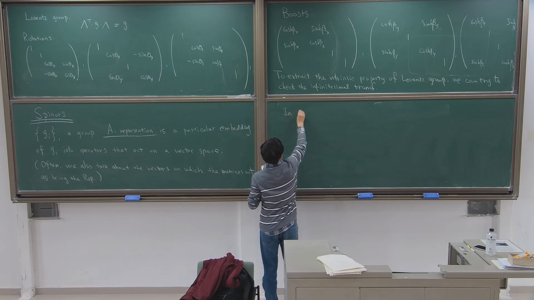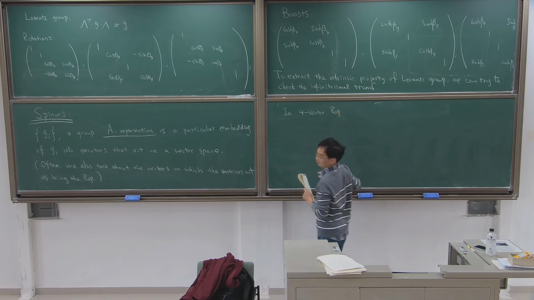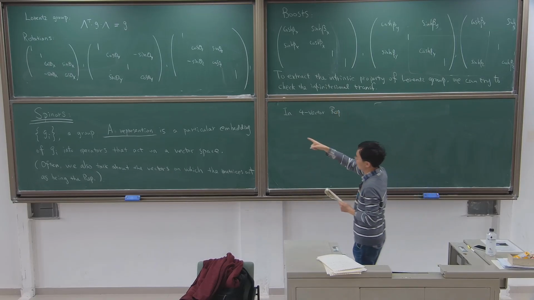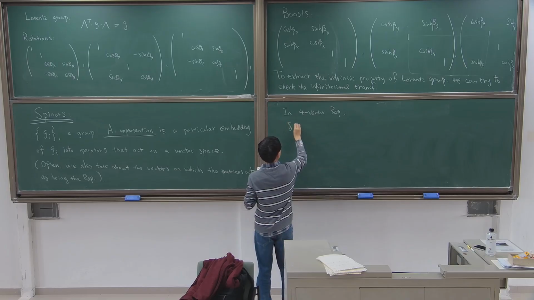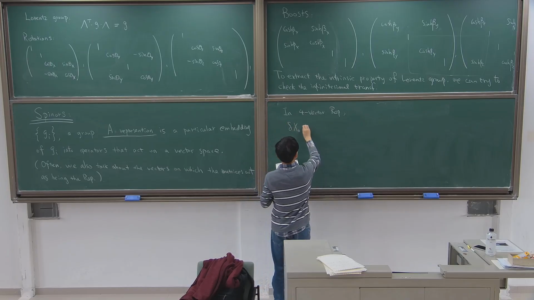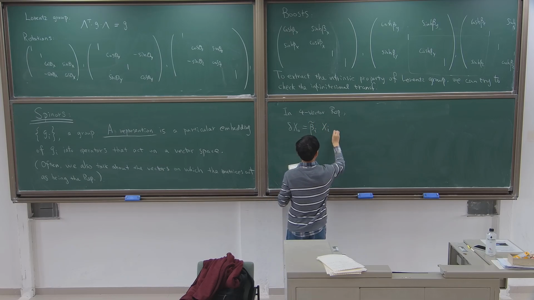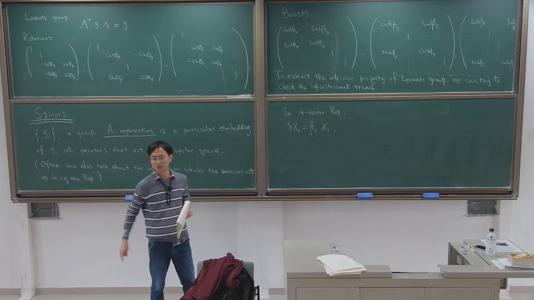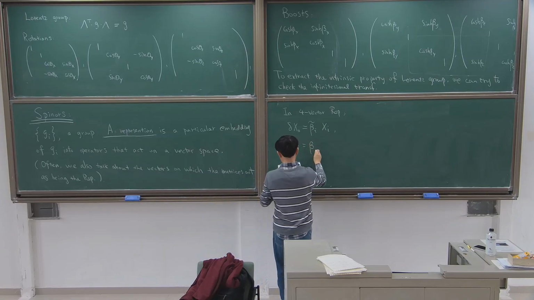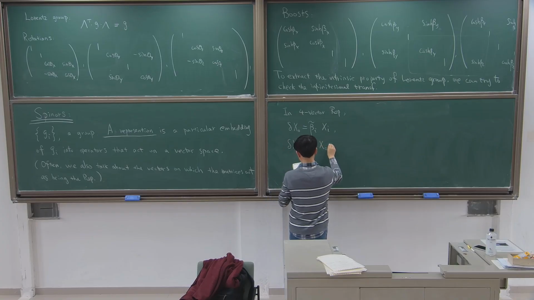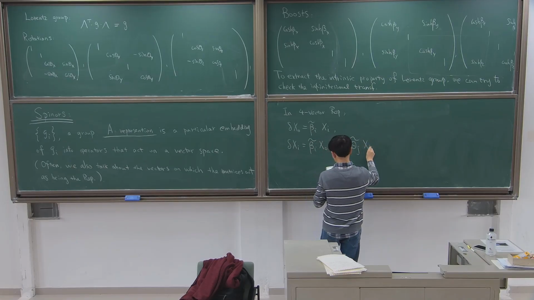In the 4-vector representation, these are the so-called 4x4 matrices. We call this the 4-vector representation because the vector space is 4-dimensional. We can get the infinitesimal transformations, writing everything in components.